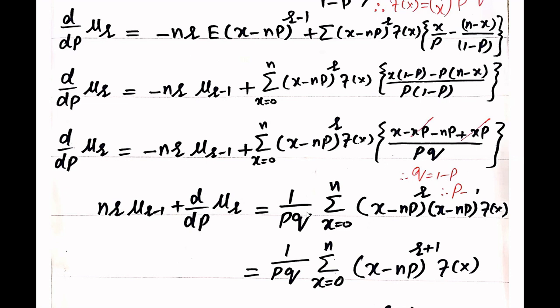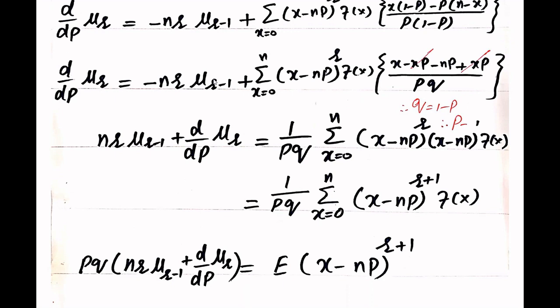So I write it as 1 over pq, sum of x from 0 to n, (x minus np) power r, (x minus np) power 1, f of x. And when we take this term to the right side, it is equal to nr mu r minus 1 plus d over dp mu r. So 1 over pq, sum of x from 0 to n, (x minus np) power r plus 1, f of x.